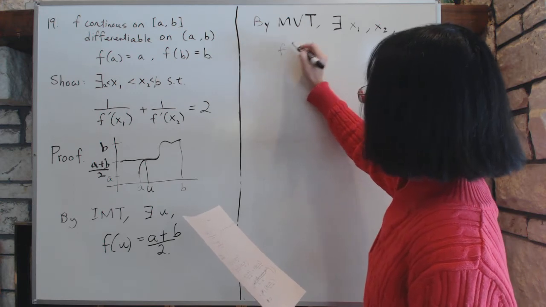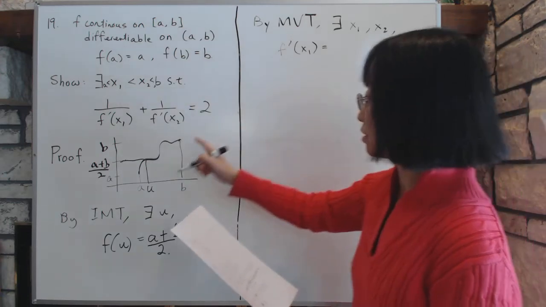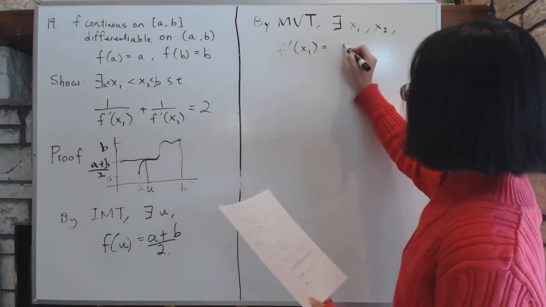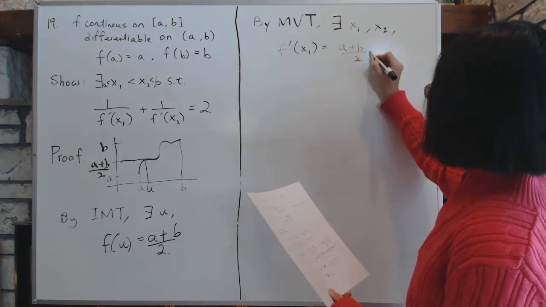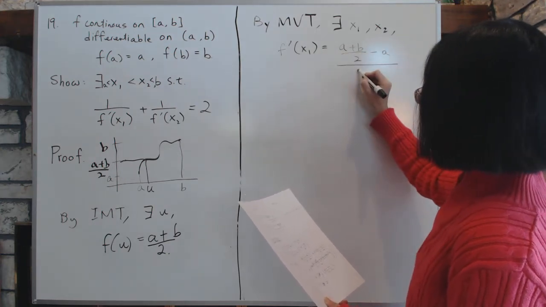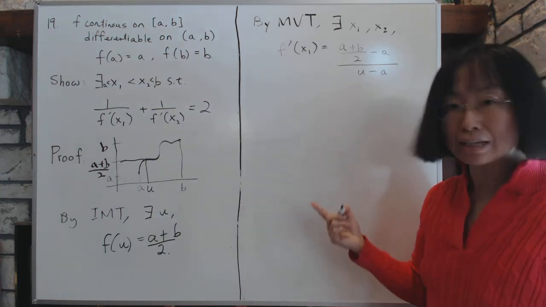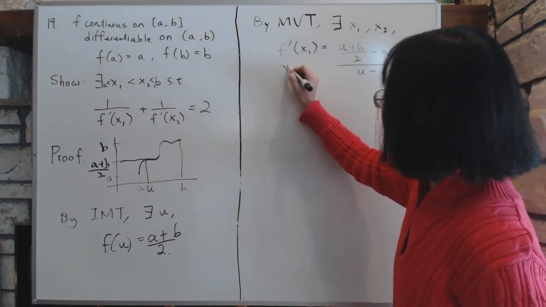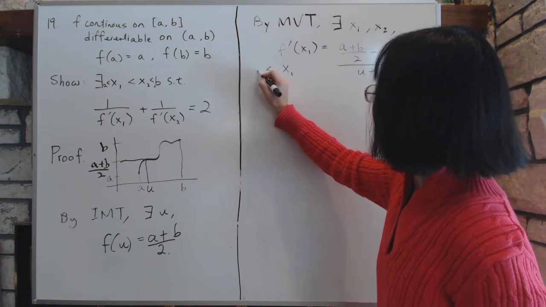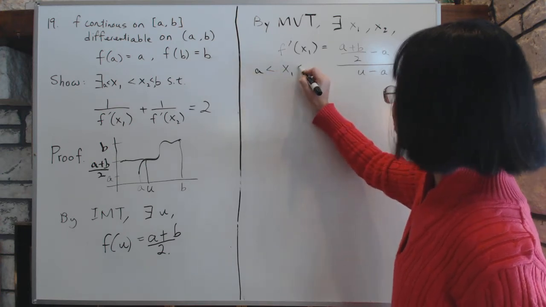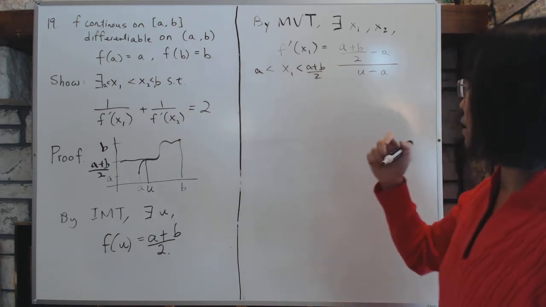Such that f prime of x1 equals the first part, (a plus b) over 2 minus a, over u minus a, where x1 is between a and (a plus b) over 2. This is just reciting the mean value theorem.